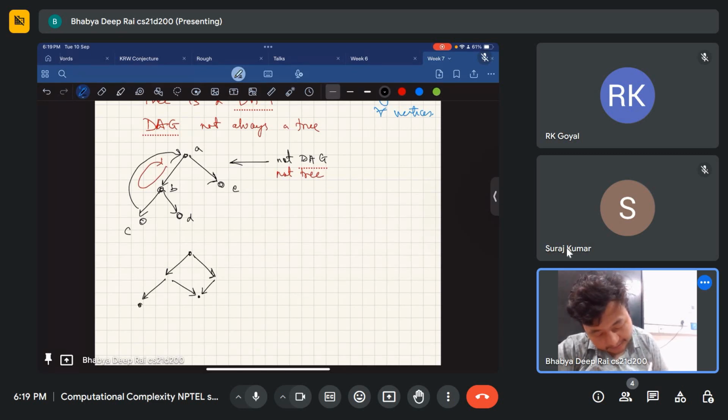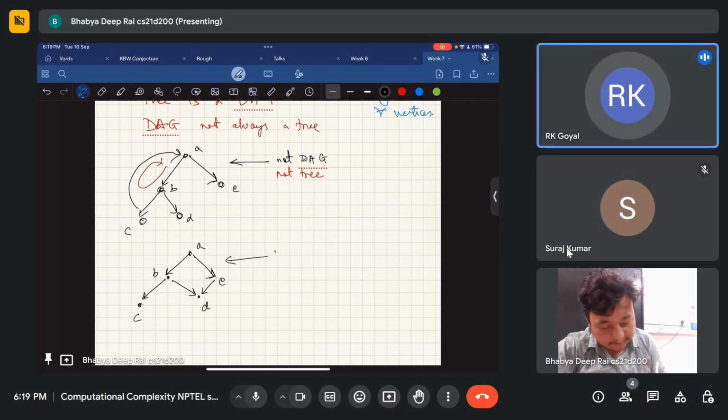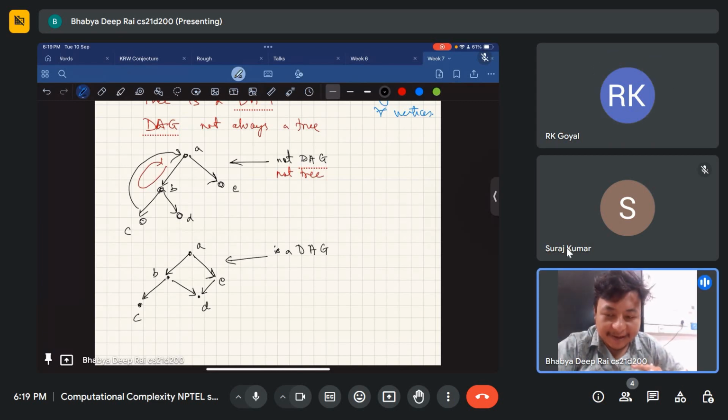So this is another example. Is this a DAG? Yes, this is a DAG because it does not form a cycle. However, this is not a tree. You can see, right? Because here the in degree is greater than 1.